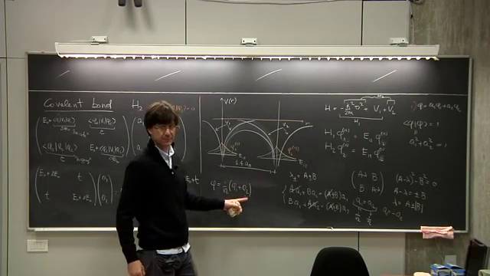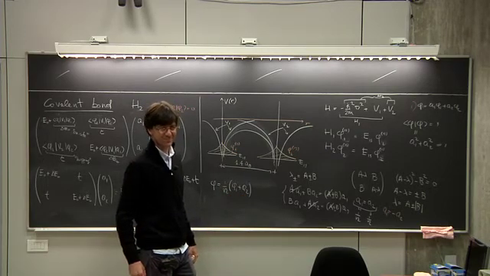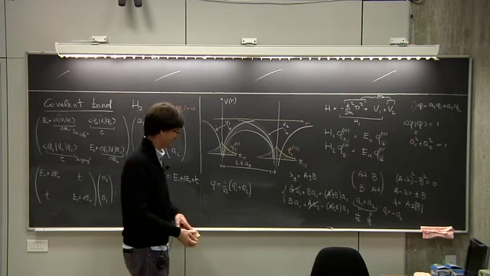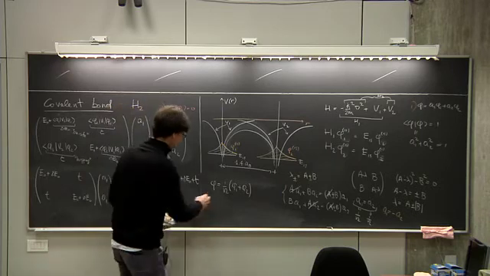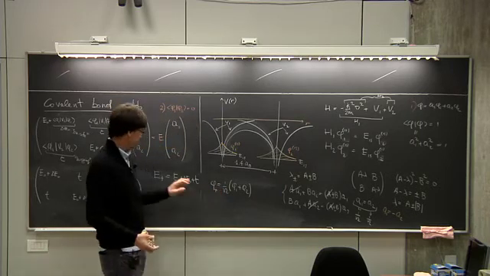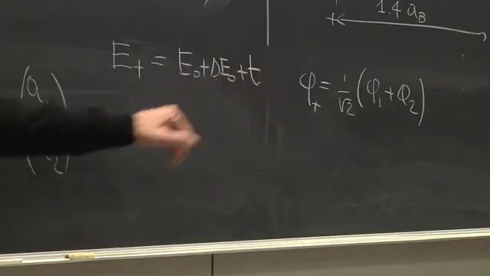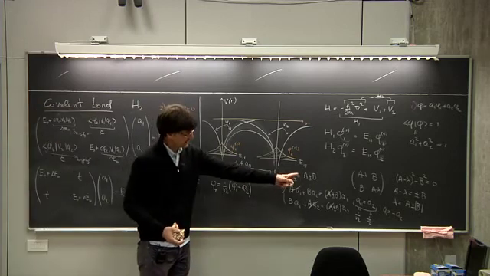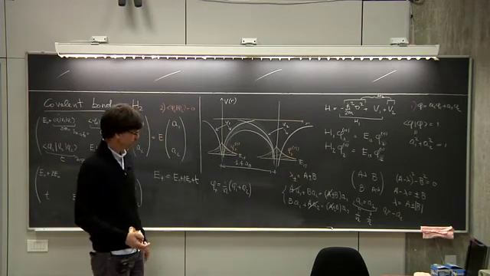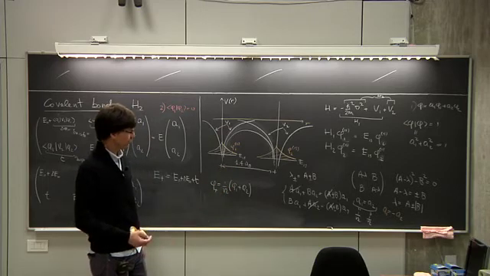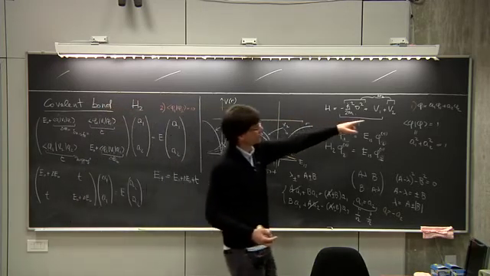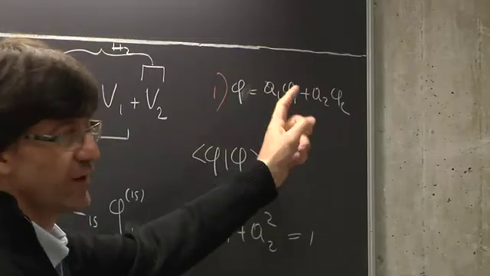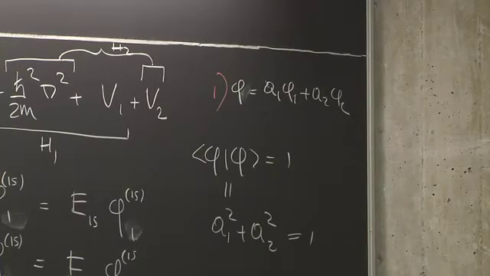Are you okay? You're lost. No, I'm okay. You're okay. Okay. So, solution with plus. A plus is A plus B. In that case, A1 is equal to A2 and are equal to 1 over square root 2. If A1 is equal to A2 and is equal to 1 over square root 2, the wave function will be 1 over square root 2 phi 1 plus phi 2. Here you go.